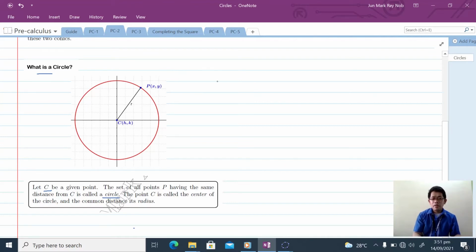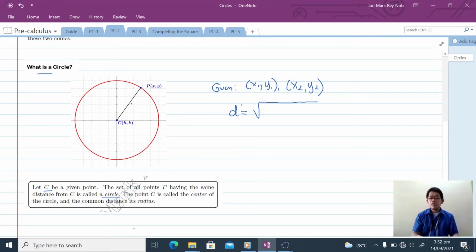For example, given two points, x1, y1 in the xy plane, and another point x2, y2 in the xy plane, we would like to get their distance from one another. We denote it with d.